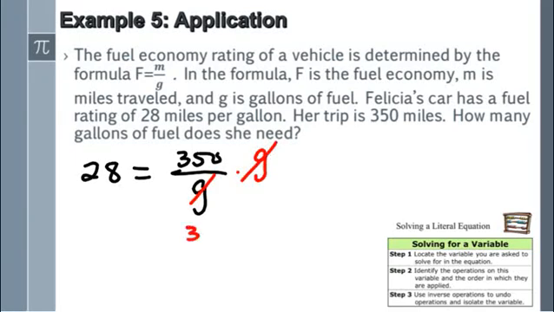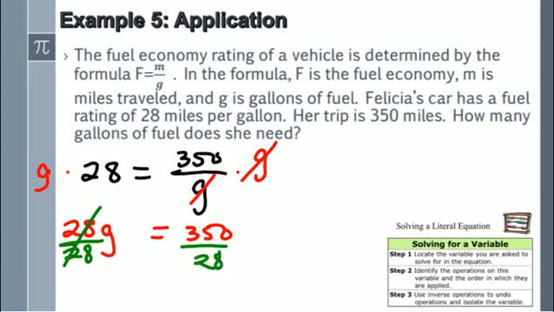Now I just have 350 on this side, and I multiply by g over here, so now I have 28g. Now I can get g by itself by dividing by 28 on both sides. So 350 divided by 28 gives us 12 and a half gallons it would take for her to make that trip. So that is some work with literal equations.